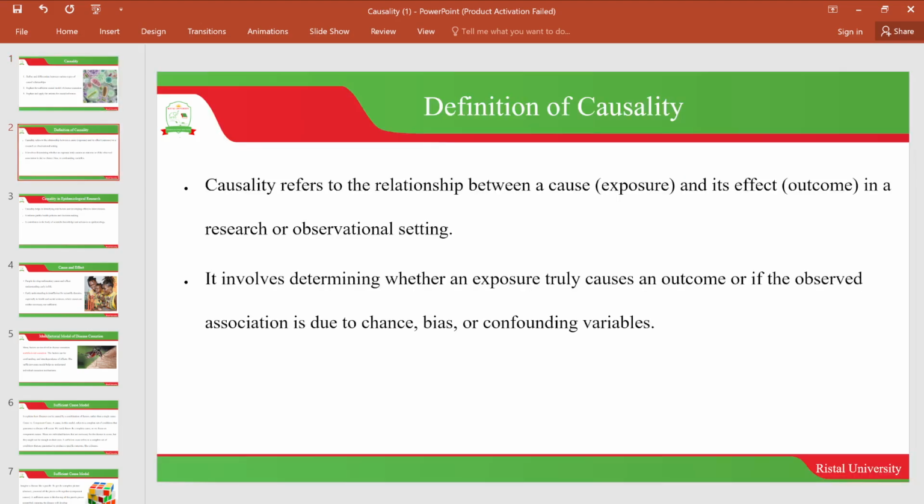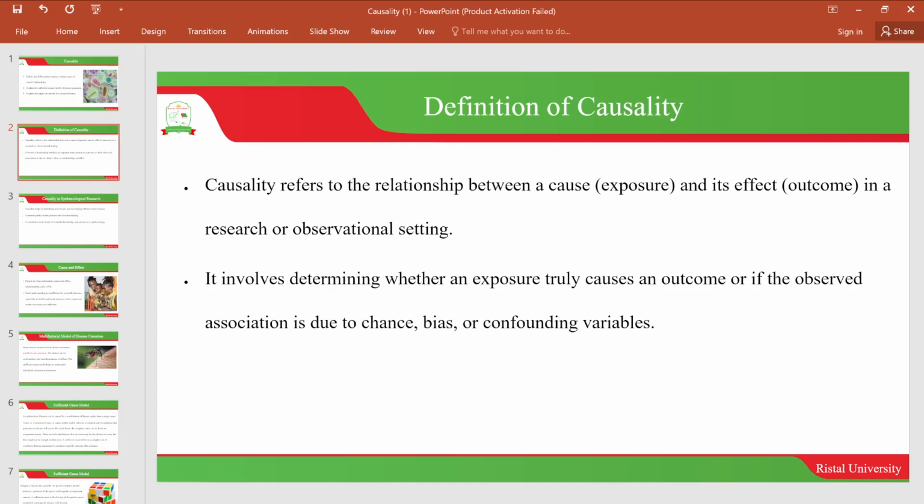Okay, so moving on, let us first explain what causality is. In simple terms, we are talking about a particular factor, either circumstance or condition or characteristic or exposure that is linked to a particular health event. It can be a disease. It can be a fall, for example.